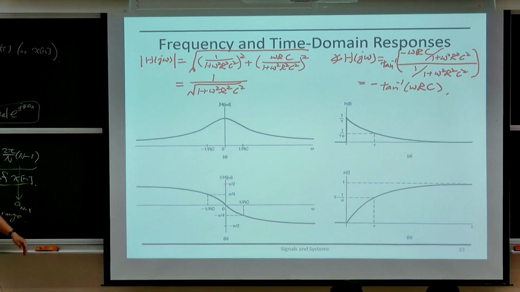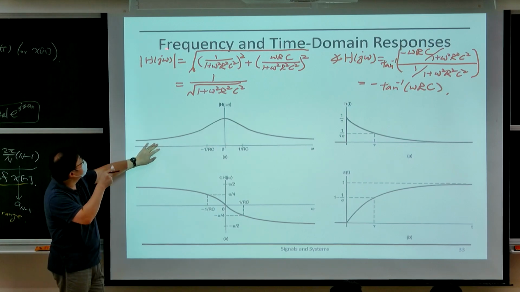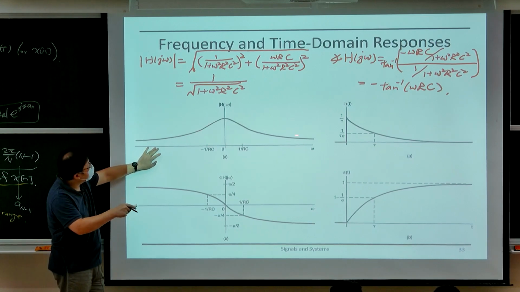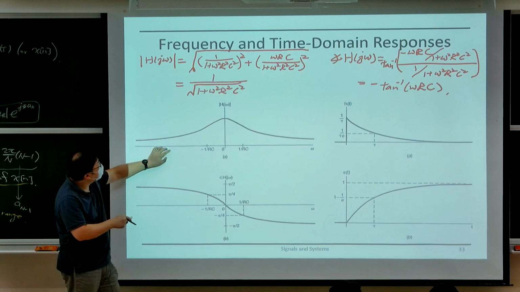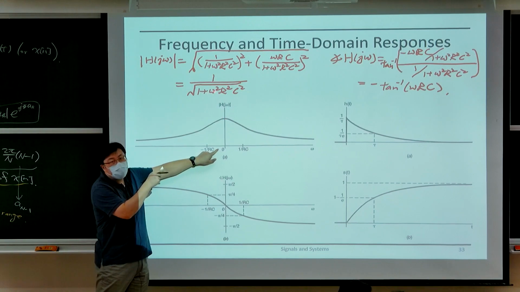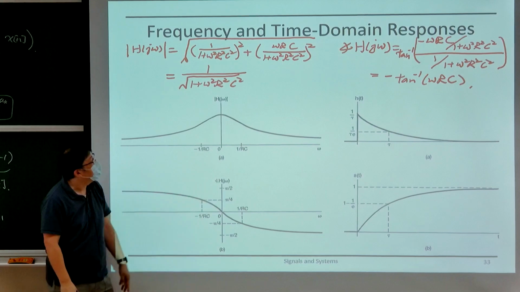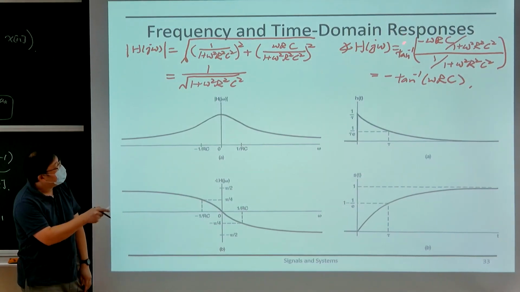So this is what you get eventually. You get a filter with magnitude that looks something like this. You can see you have a peak when omega is equal to 0, and then as omega increases, it starts to decay. And you have a phase.